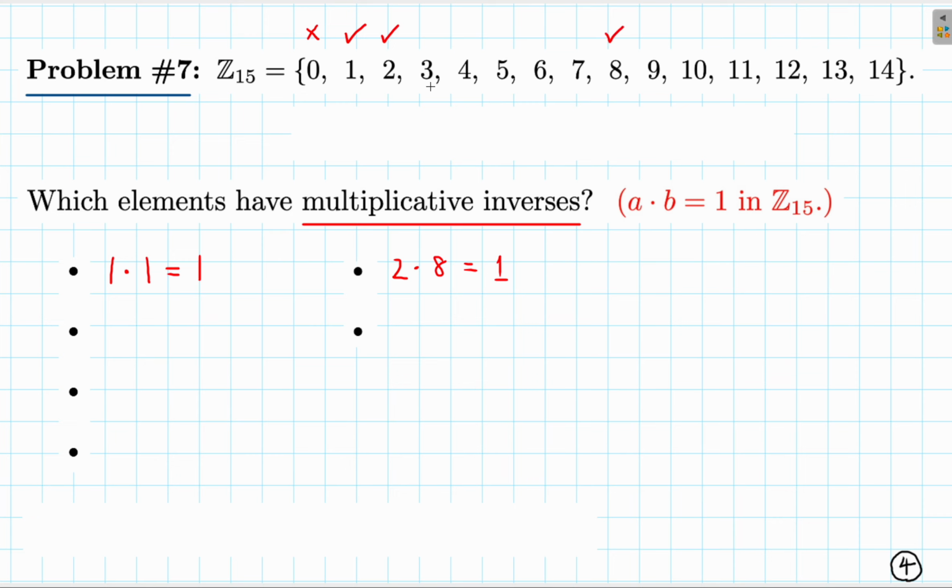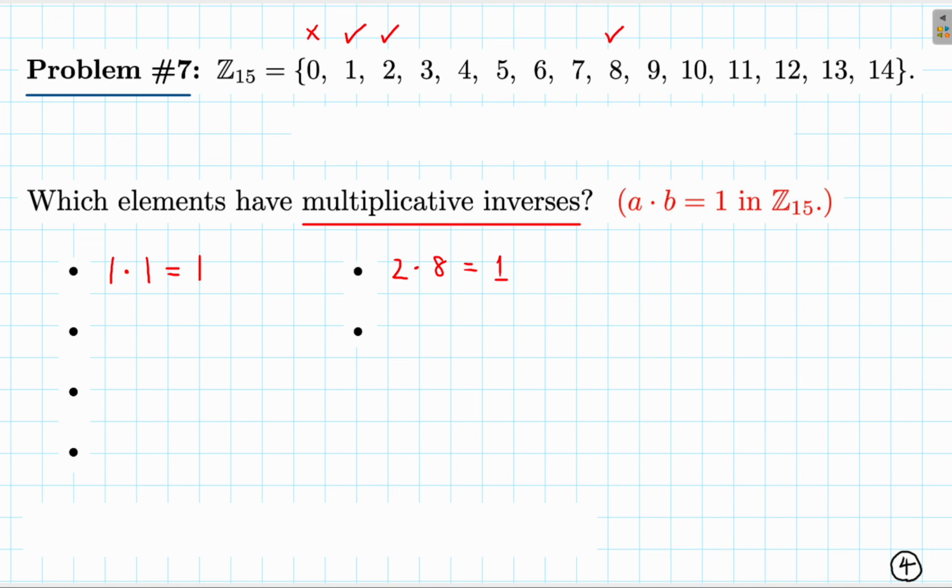Now let's think about 3. Well, 3 times 0 is 0, 3 times 1 is 3, 3 times 2 is 6, 3 times 3 is 9, 3 times 4 is 12, 3 times 5 is 15, which is back to 0. And then 3 times 6 is 18, which is 3. 3 times 7 is 21, which is 6.